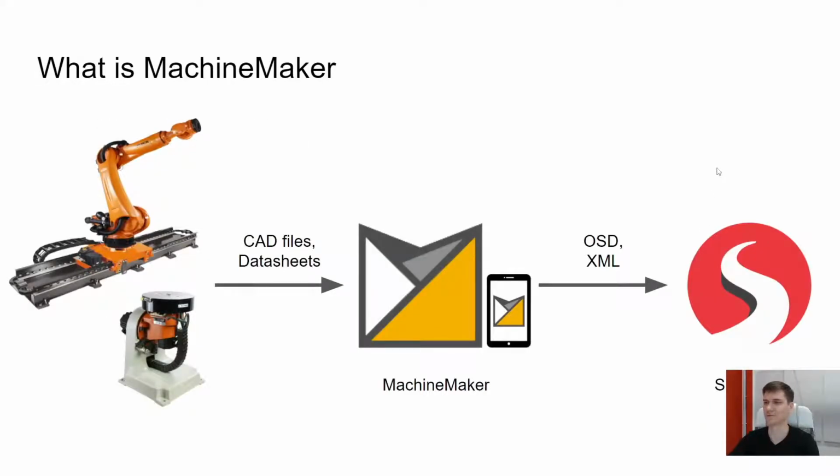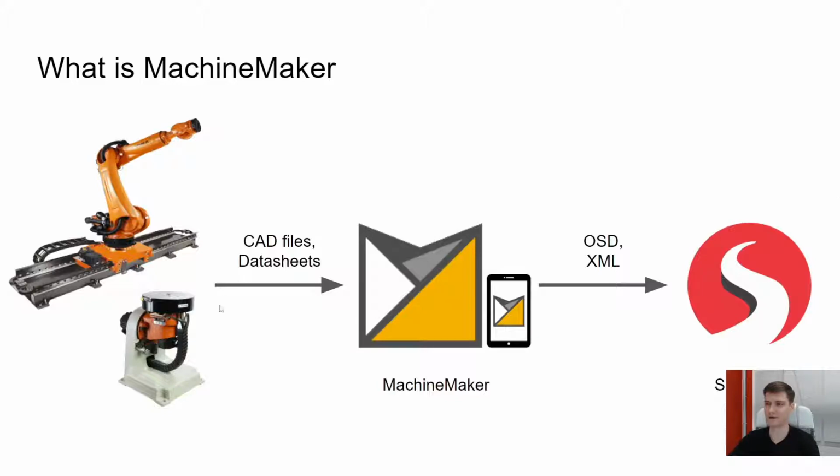So, what is MachineMaker? MachineMaker is a new application that allows you to assemble robot cells and export them to SprutCAM by one click. You can import 3D models of robots, rails, rotary tables, and other objects, then assemble the robot cell using datasheets, and finally export the created schema to SprutCAM.